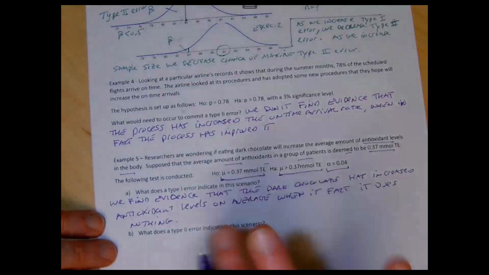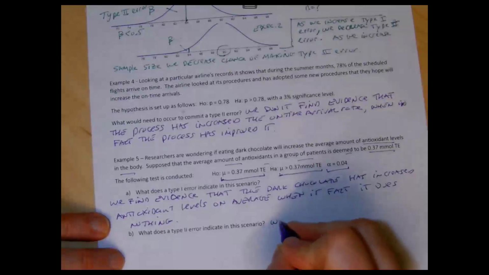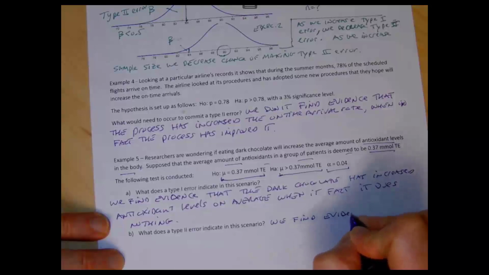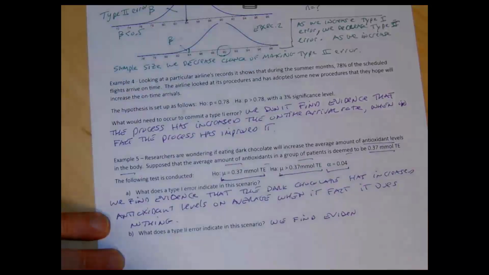What does a type 2 error indicate? It's the exact opposite. We don't reject the null hypothesis.